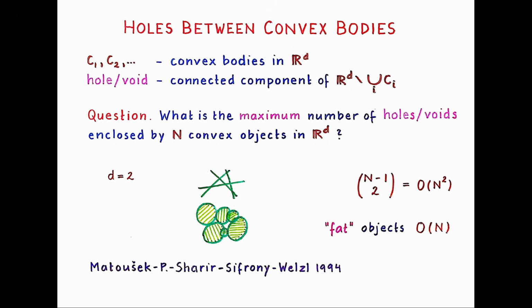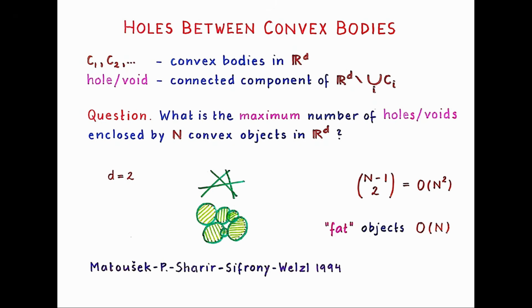So they are reasonably round, like not very longish ellipsoids and things like that. Then actually, the number of holes they can surround goes down by n. So it will be only linear. So this was proved also more than 30 years ago by these people.